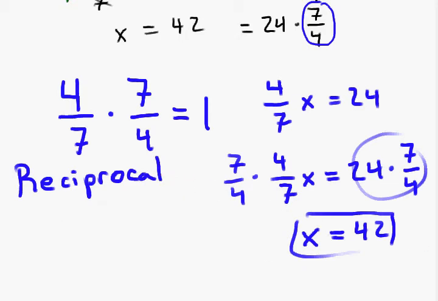Let's take a look at one more example. I want to do an improper fraction, if you will. Again, a mixed fraction, whatever you want to call it. I want to take 5/2 x, set it equal to 35. Okay. So, what we need to think about here is 5/2. What's the reciprocal of it?